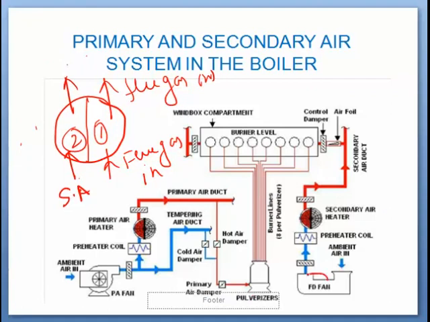Here you can see this is the secondary air preheater, this is the primary air preheater. So there are basically two types, bisector and trisector, and I hope that by this illustration you have got a fair idea of the difference between the bisector and trisector types of air preheaters.